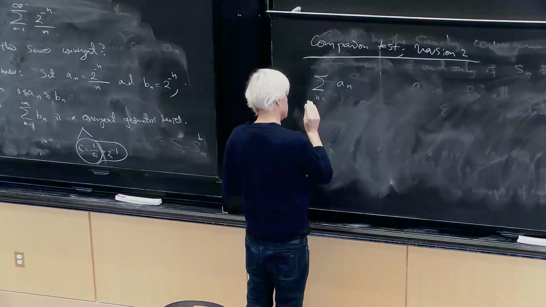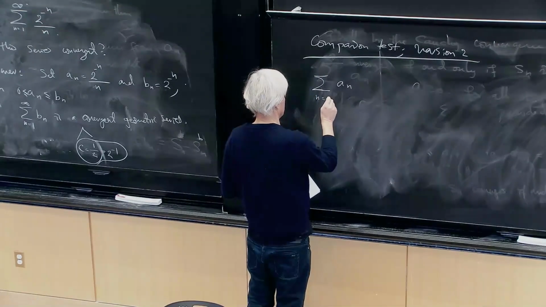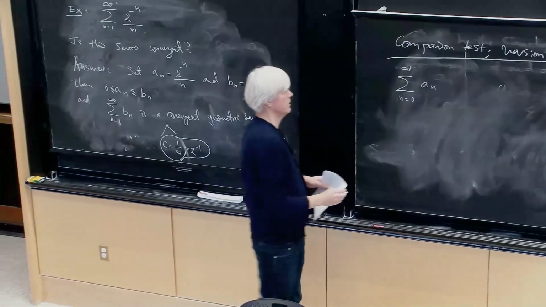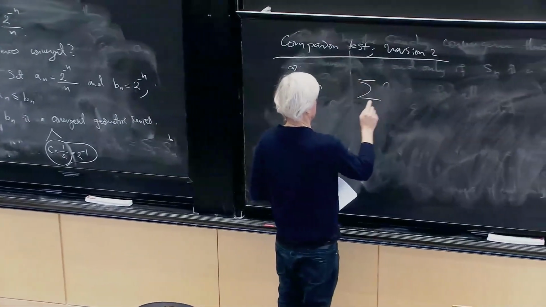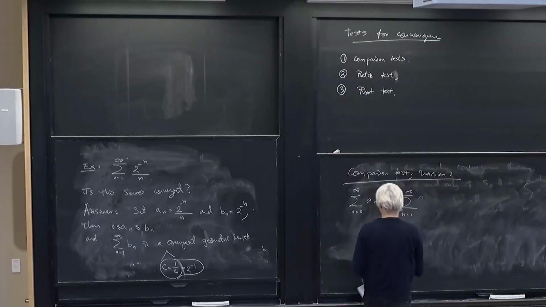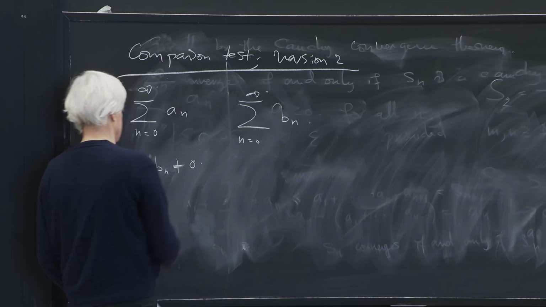It doesn't matter where you're starting, whether or not it converges doesn't depend on where you start. So suppose that you have this series and this series here, and that none of the Bn's are 0.